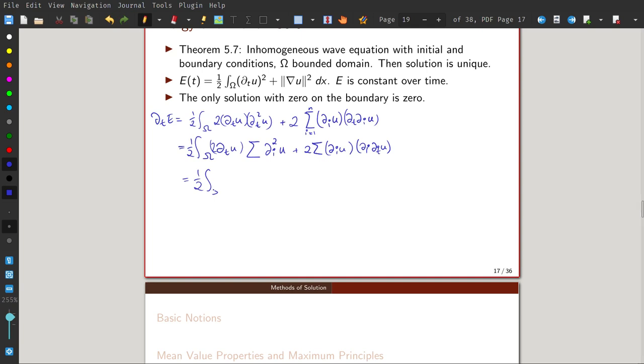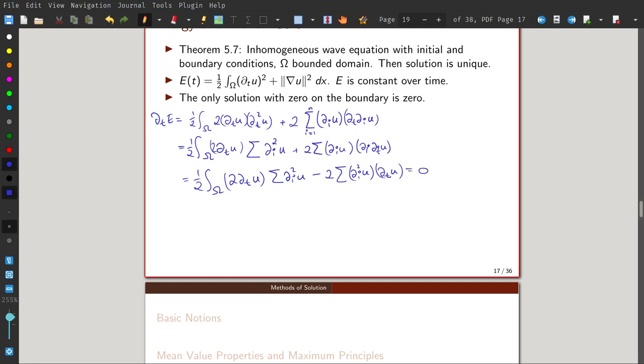So doing that gives us the sum over, like so. And then we will have minus from the partial integration formula. We will have the second derivative with respect to i. And then what remains here is u_t. And then you see that this comes out and we have the same term twice and it gets to 0.